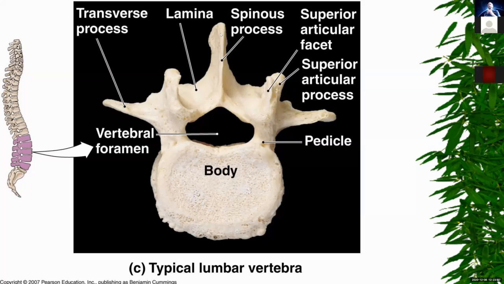And that's actually how we have all this range of motion in our body. Don't worry about the superior articular facets or the superior articular process. All I want you to really worry about are the transverse processes, the spinous process, the vertebral foramen, and then the body, which is the large part of bone.